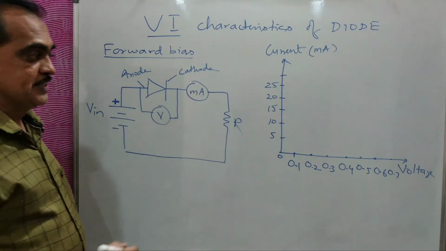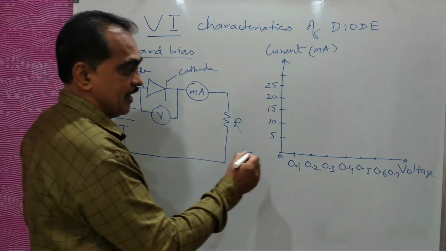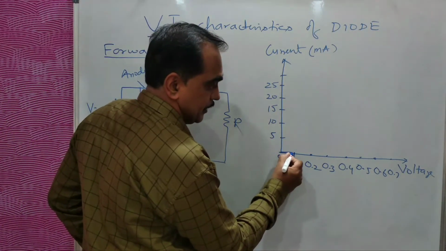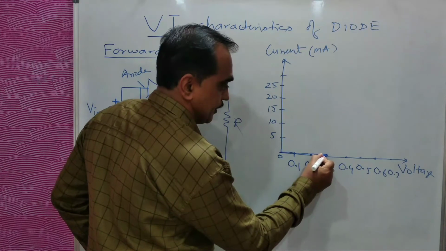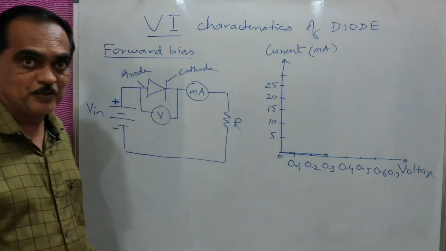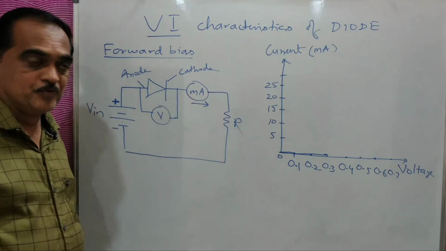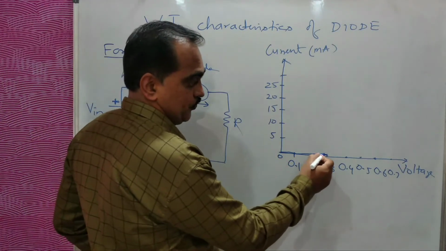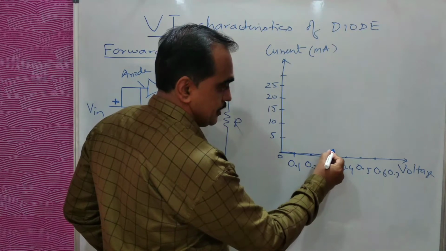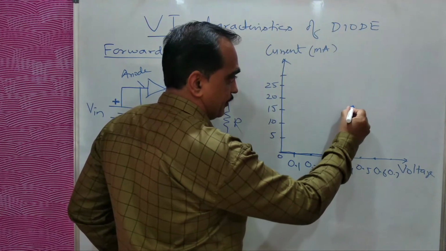In that case what you will see is when the voltage across the diode reaches 0.3, in case of germanium diode, there is no current flowing through this ammeter. And after you cross this 0.3, you can see a rise in the current.